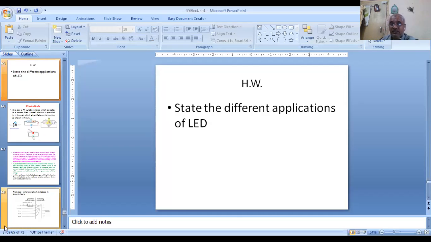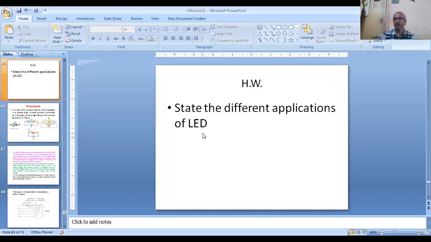In the previous lecture, we have seen the construction, working and characteristics of light emitting diode. And homework was given to all of you: state the different applications of light emitting diode.